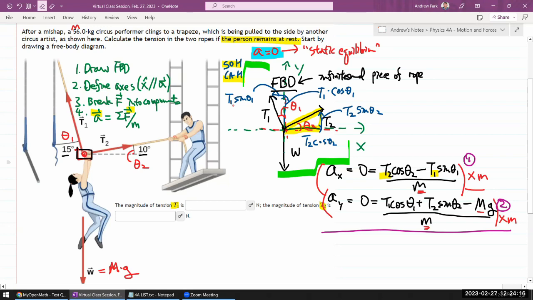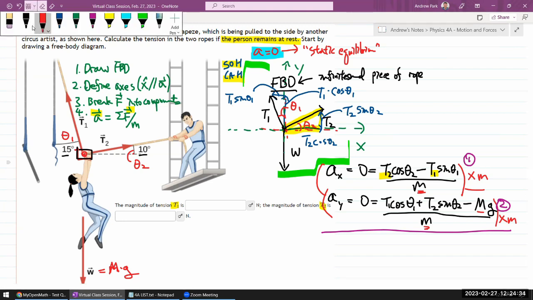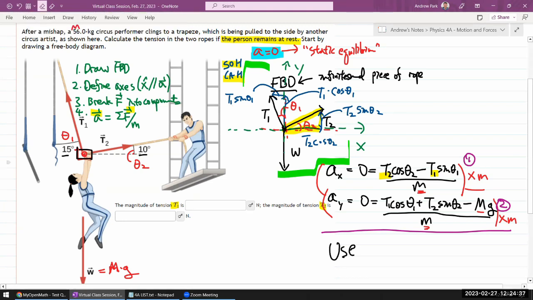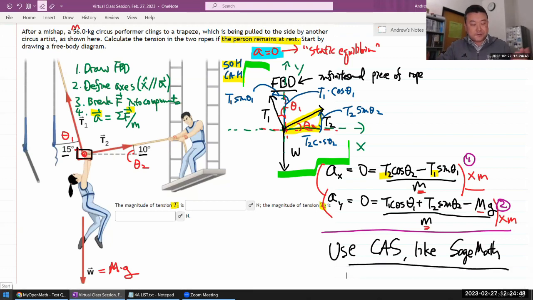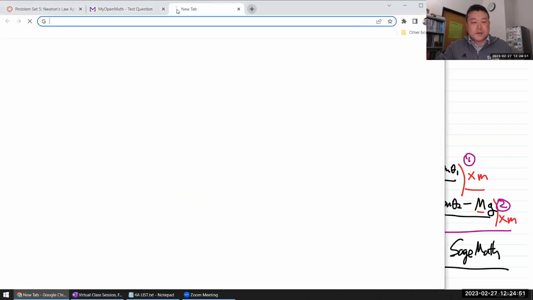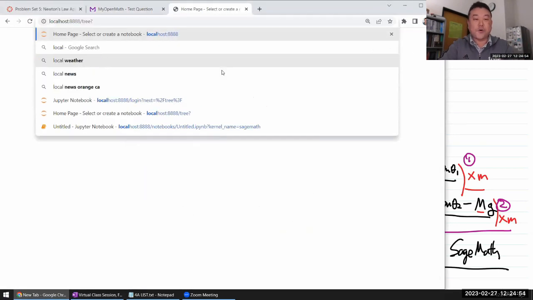Now, in a lot of the questions from this point on, I would have done this by hand, and I can also still do it by hand. But since you have so many examples of these questions where I'm solving the question by hand, let me show you an example of using a computer algebra system. So here, I'm just going to say use a computer algebra system like SageMath. With two equations, it's probably not complicated enough, it's overkill.